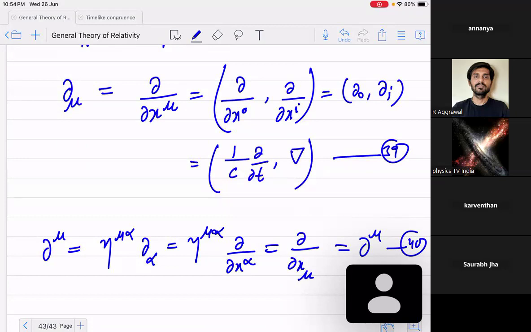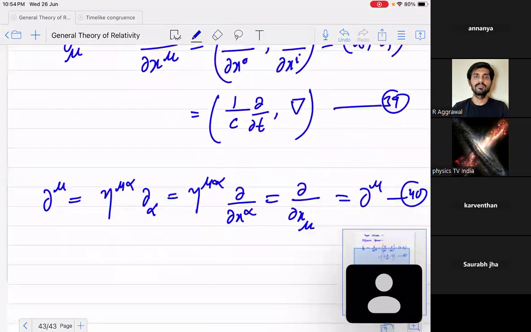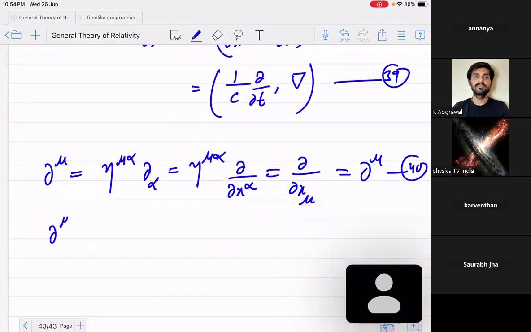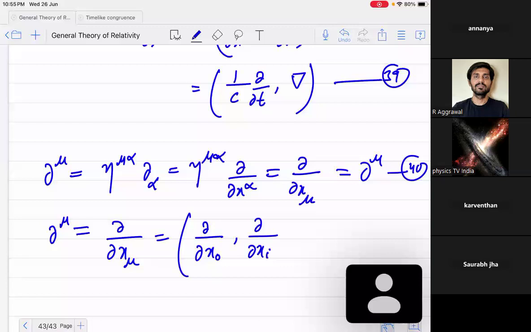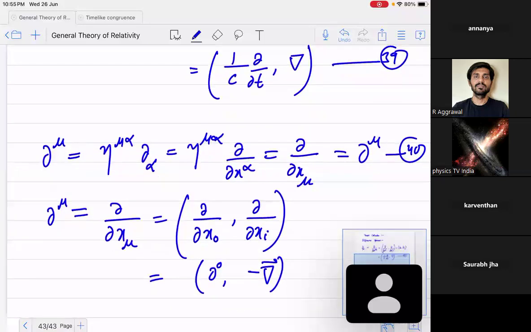This del mu is written as del over del x 0, del over del x I. Del over del x 0 is similar to the upper one, but in the other one there will be one minus sign.